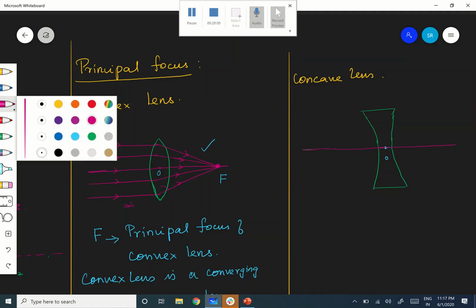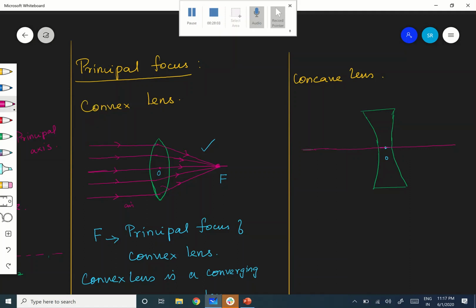Now you see the rays here. The rays are parallel to the principal axis. Let me take some rays which are parallel to the principal axis. You take the rays till the middle of the lens, like that. What happens?